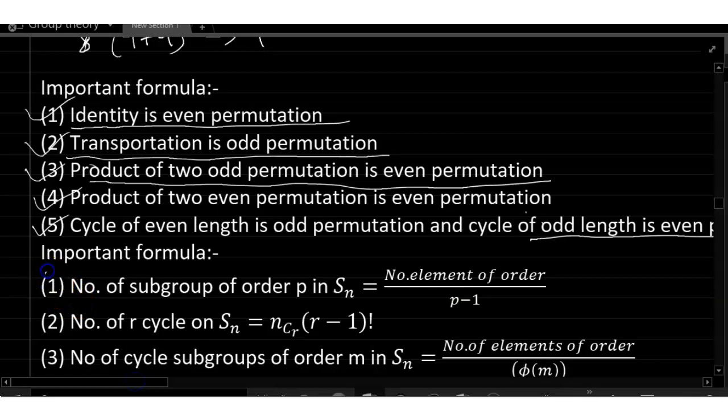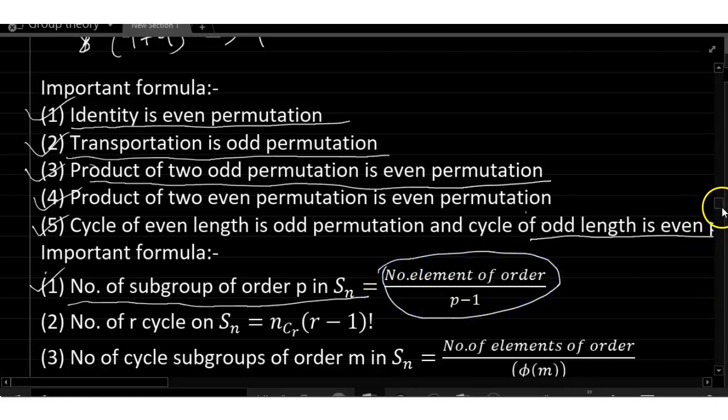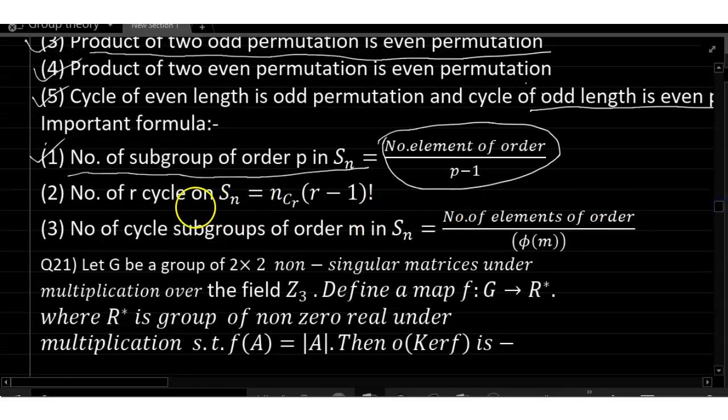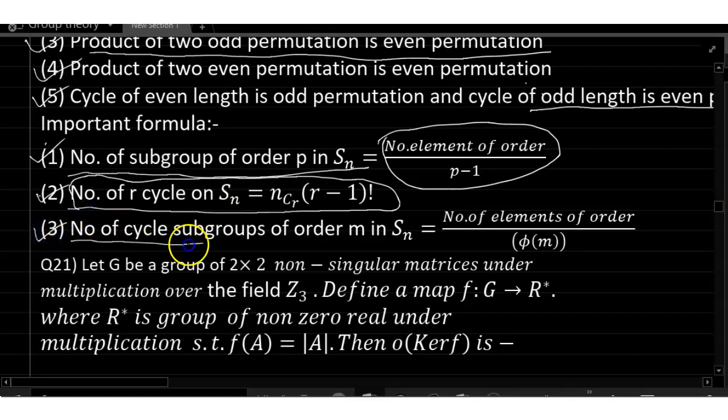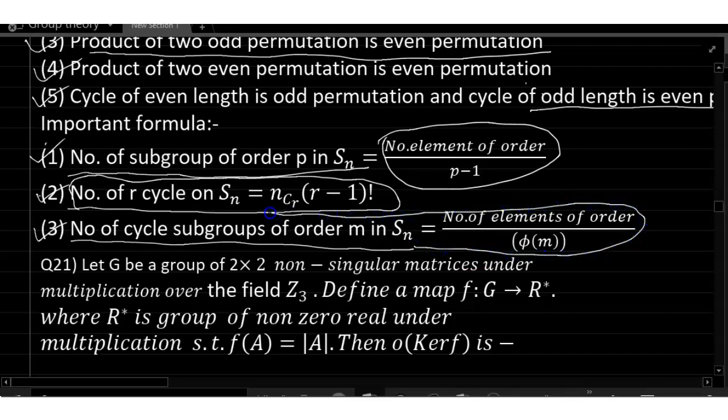Number of subgroups of order p in Sn is equal to number of elements of order p divided by p minus 1. Number of r-cycles of Sn is equal to nCr times (r minus 1) factorial. Number of cyclic subgroups of order m in Sn is equal to number of elements of order m divided by phi(m).